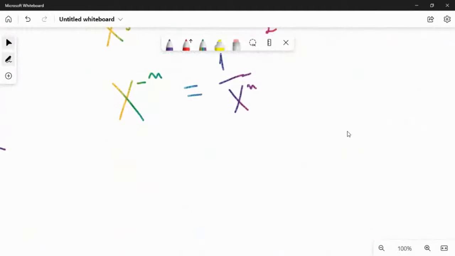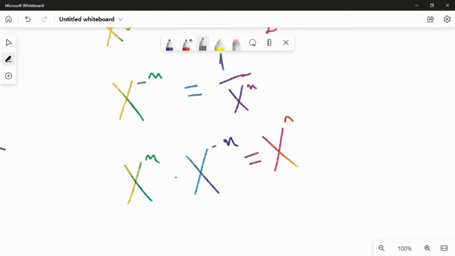Suppose we have x to the n times x to the negative n. What is that? Same base, so it's x to the n plus minus n, so it becomes x to the n minus n, that will be x to the 0.